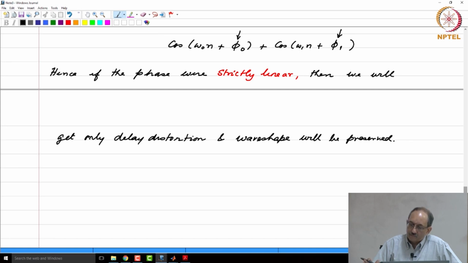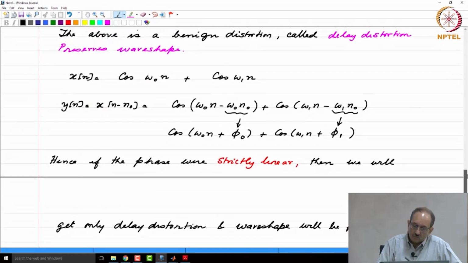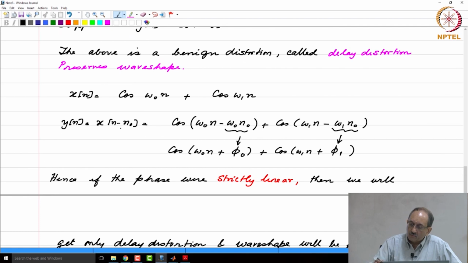No, because all we are doing is replacing n by n minus n naught. So, you replace n by n minus n naught in both of these terms. So, you get omega naught n and omega 1 n, but when you replace n by n minus n naught, the phase components are omega naught n naught and omega 1 n naught for these two cases.